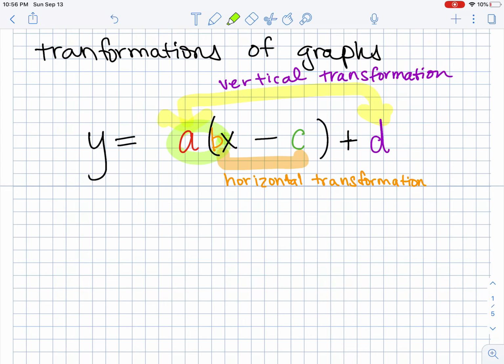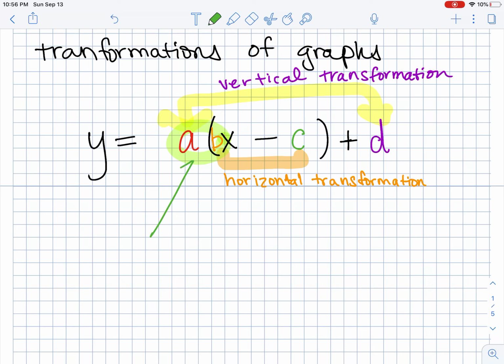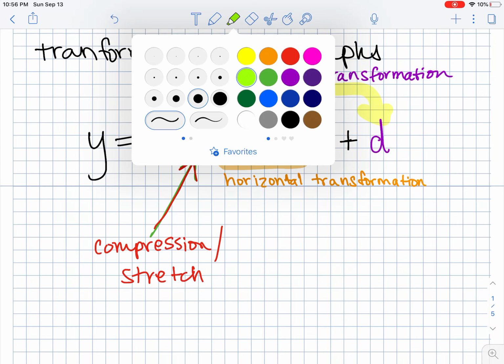These two in front, actually we'll make it in red, these two in front are either a compression, meaning something is getting smaller, or it's a stretch, or something is getting stretched larger.